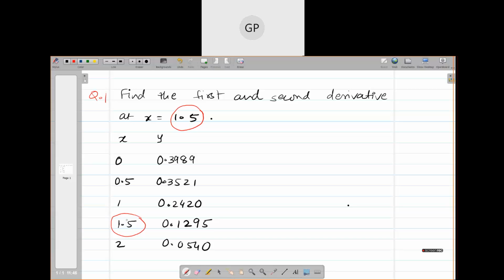So let us first prepare the backward difference table. For del y, the first cell would be empty. Then 0.3521 minus 0.3989, which is minus 0.0468.